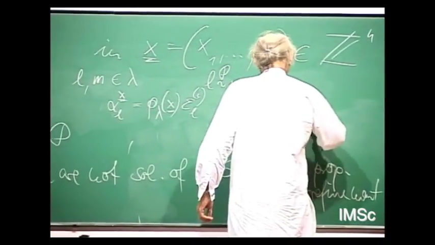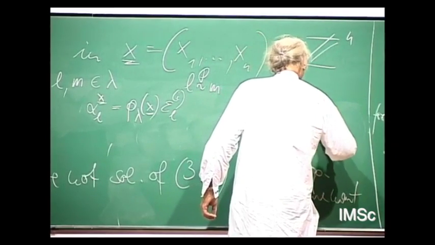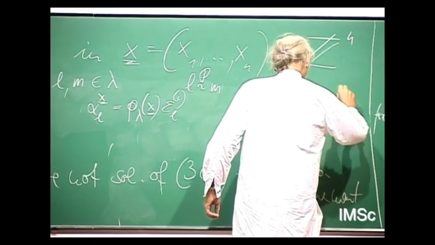So here we will have phi lambda of x times epsilon M super I.